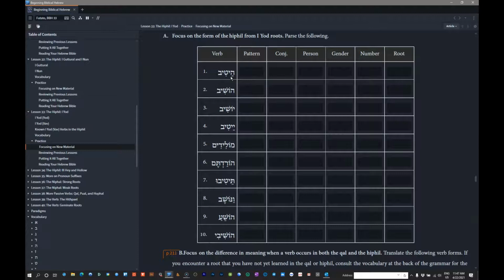Basically, the question becomes: is this a perfect 3ms, or is this maybe an infinitive construct? Okay, so the infinitive construct will have the hireq yod.